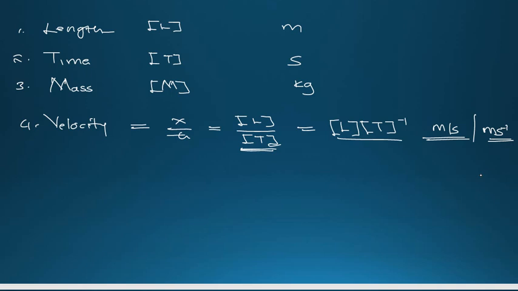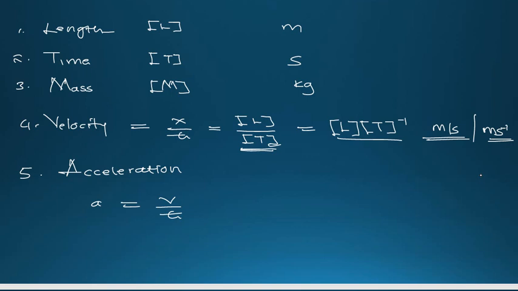Okay, how can you now find the dimensions of acceleration? Acceleration is defined as the rate of change of velocity over time. Okay, so here is what you are going to do.